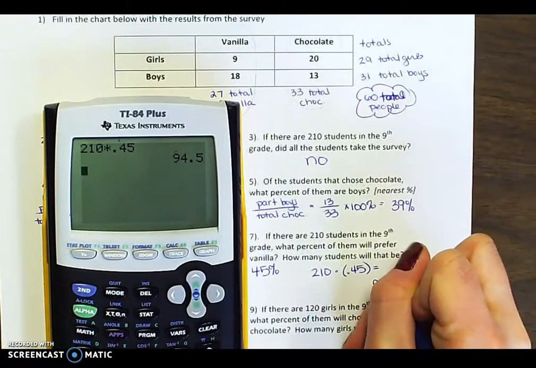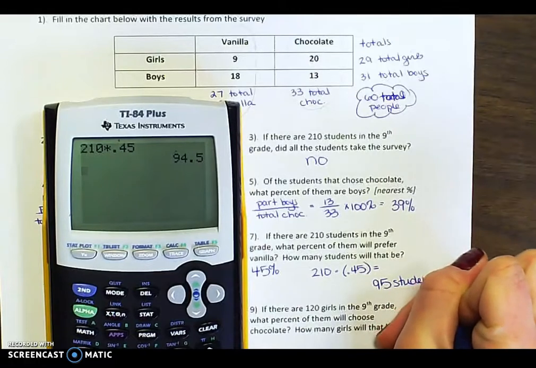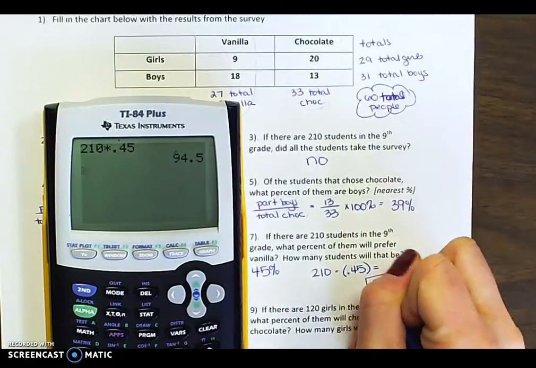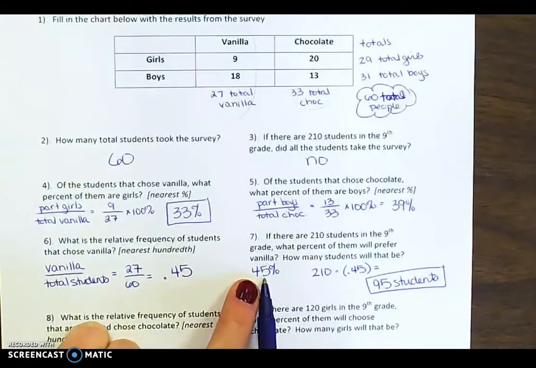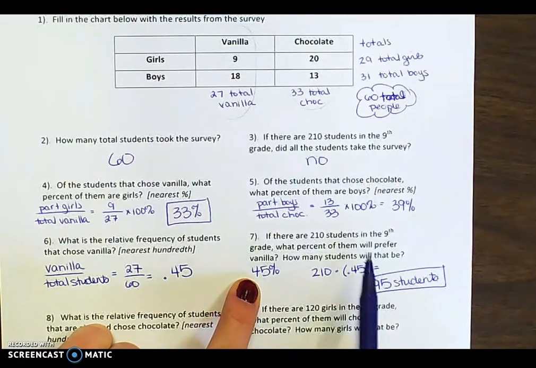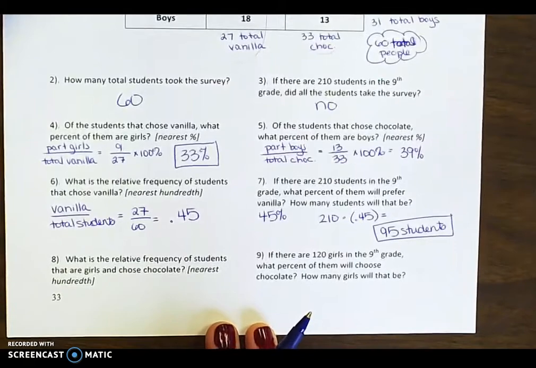So that means it's going to be 95 students will prefer vanilla. So think of that carefully. 45% of the students choose vanilla. So if there's 210, it's a little less than half, so 95 students. All right, let's go ahead and take a look at our last 2 questions now.